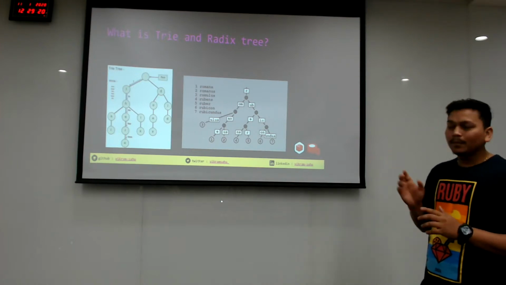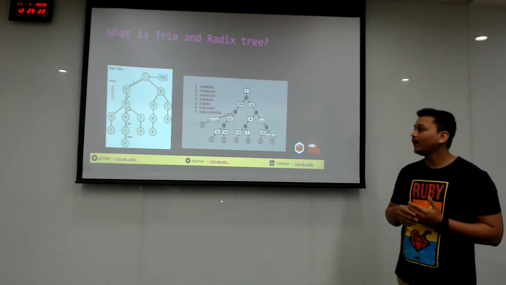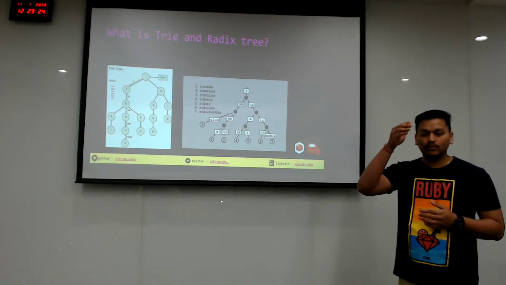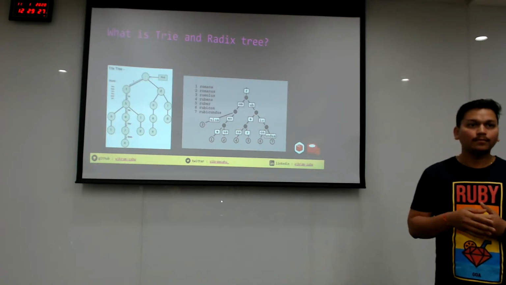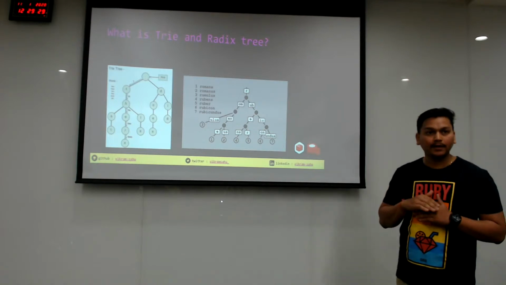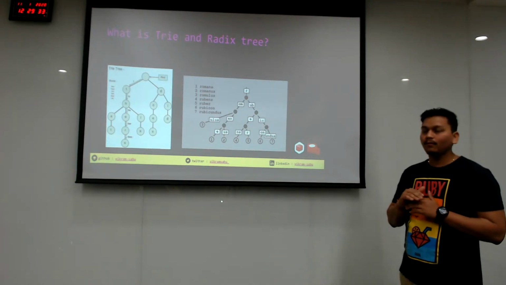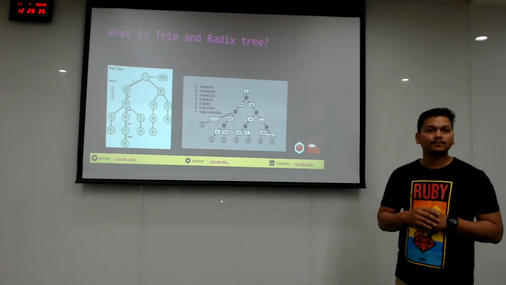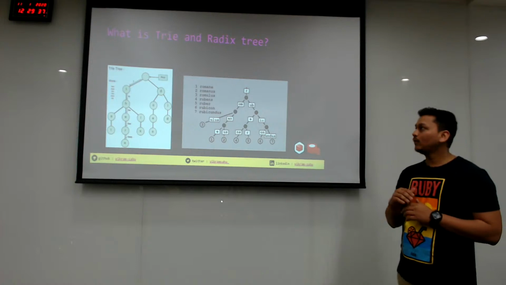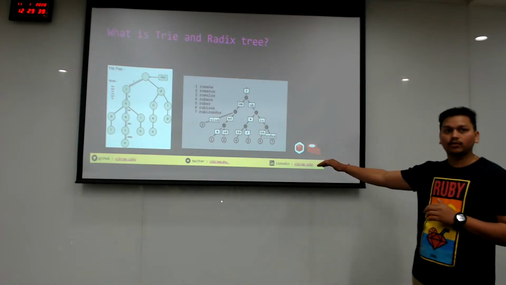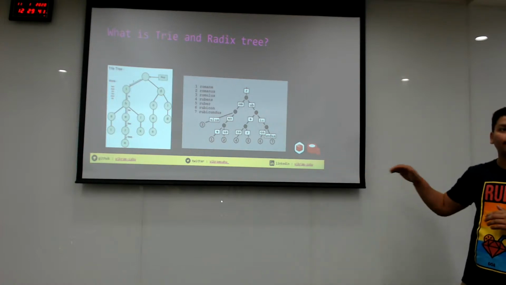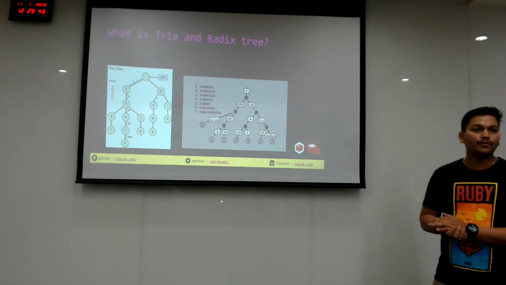Here, the complexity might change depending on the Redis tree structure, because it is very much compressed, about 50% of a trie tree. So Redis uses this data structure, the Redis tree. It's an upgraded version of the trie tree, you can say.